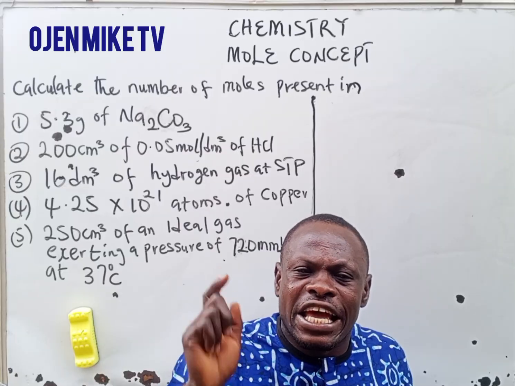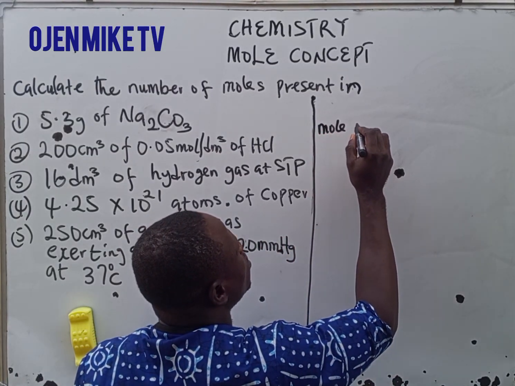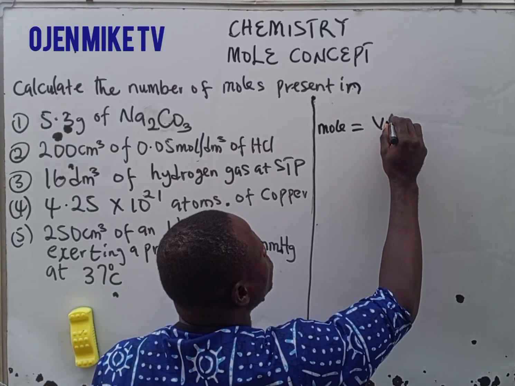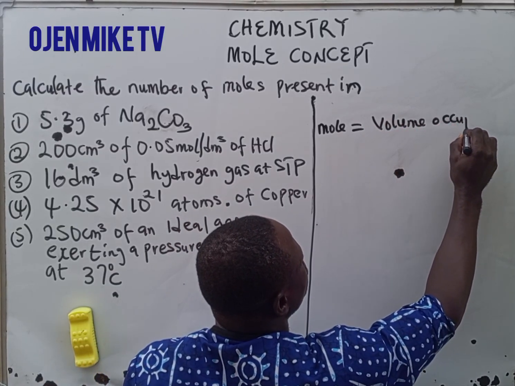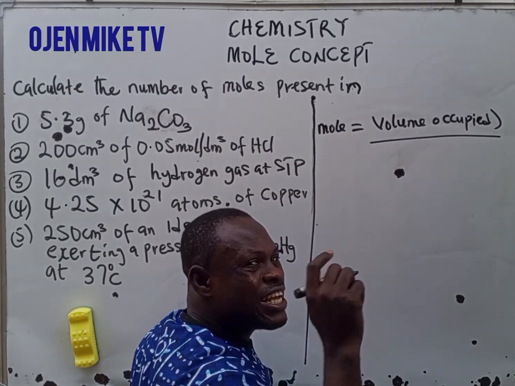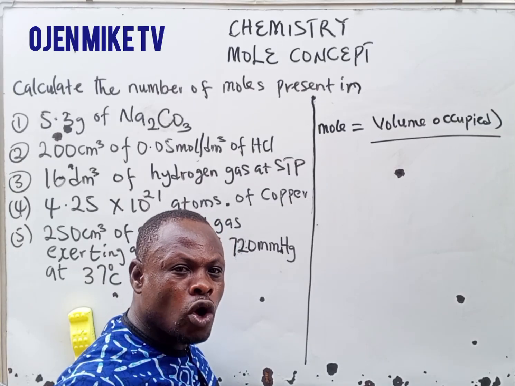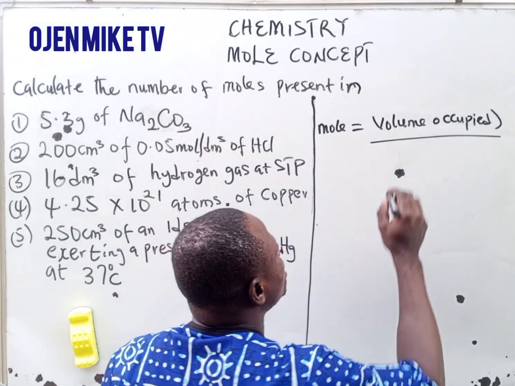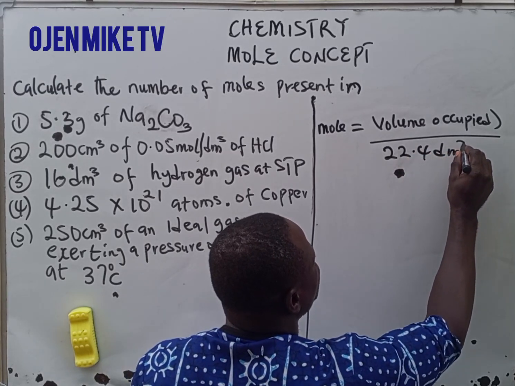Now the third is mole at STP. What you are going to do is that mole is equal to the volume occupied divided by the molar volume at STP. 1 mole of any gas at STP is 22.4 dm cubed.